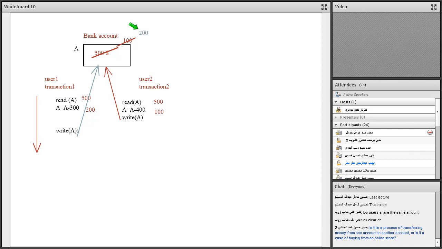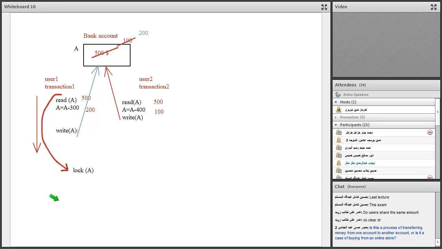Before it reads the information, the transaction must lock A. Actually, there are two kinds of lock, for write and read. They are different, but I just say lock.